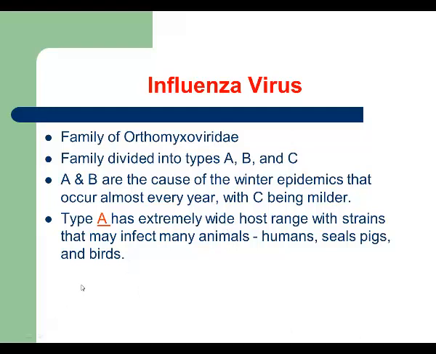It means type A can infect pretty much everything: humans, animals, birds, reptiles. Types B and C infect humans only. Types A and B cause epidemics every year, and type C usually causes mild cold-like infections.